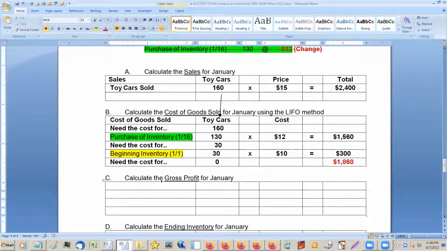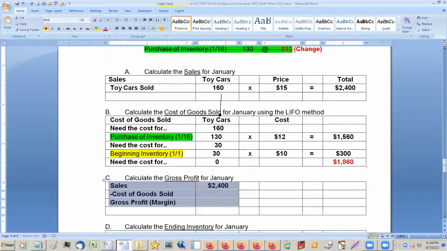Okay, so the gross profit would be, or gross profit or gross margin, same thing, $540.